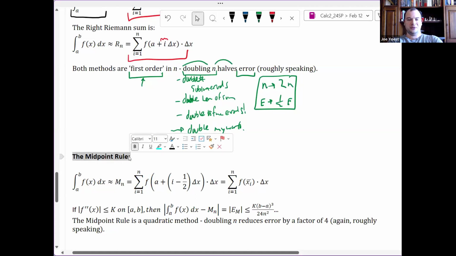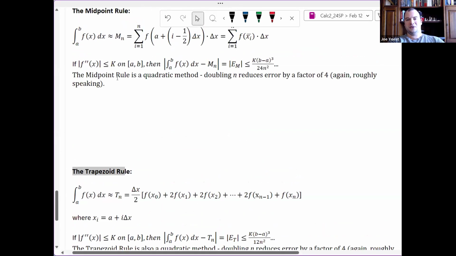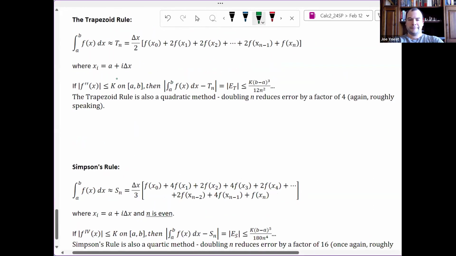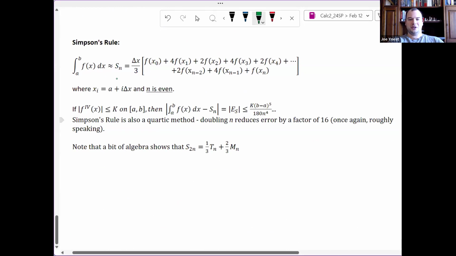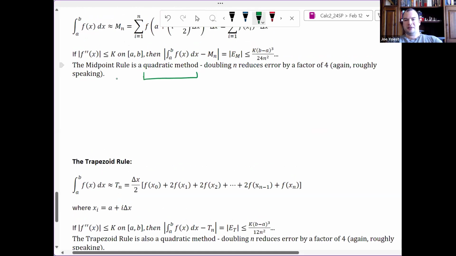The midpoint rule and the trapezoid rule are called second order or quadratic methods. And Simpson's rule is actually a quartic method. It's a 4th power. For a quadratic method, if I double the work I do, my error decreases by a factor of 4.